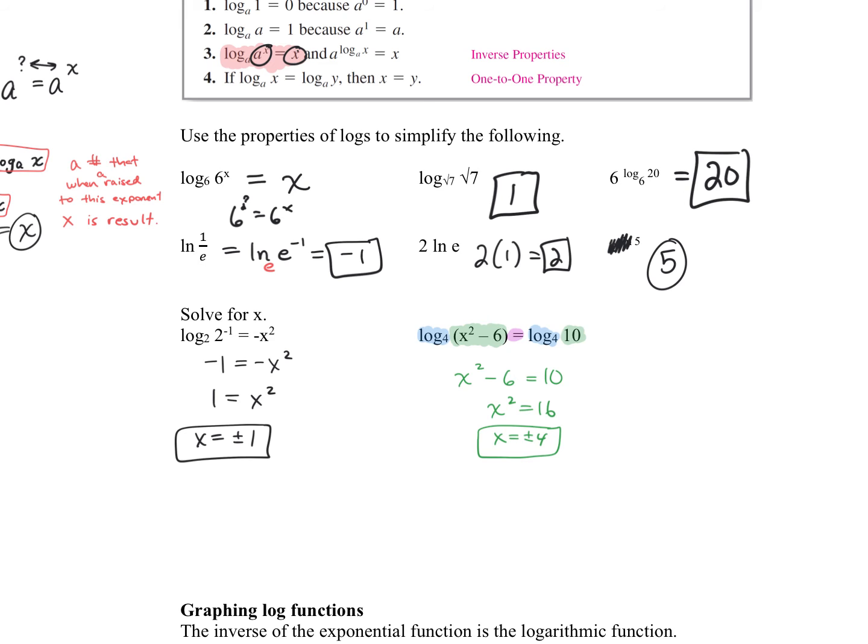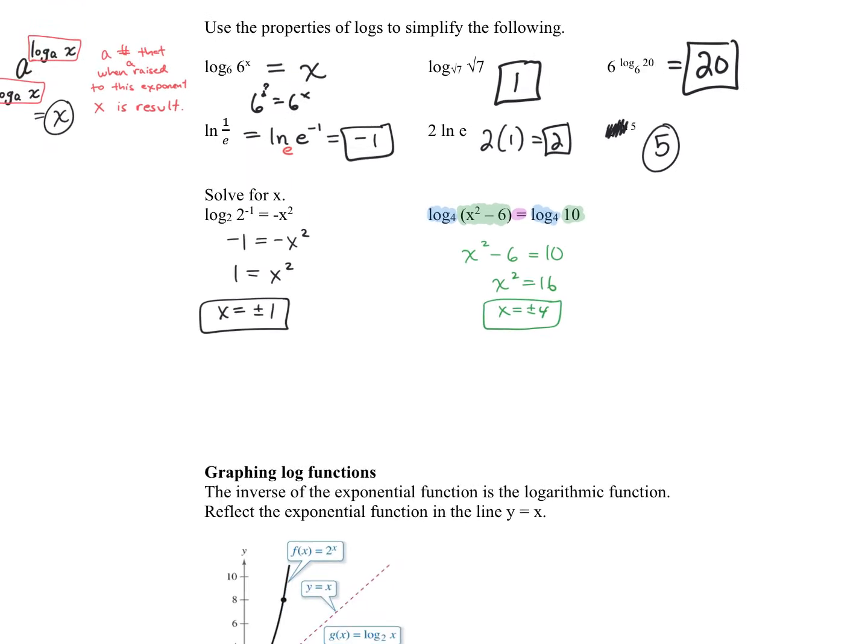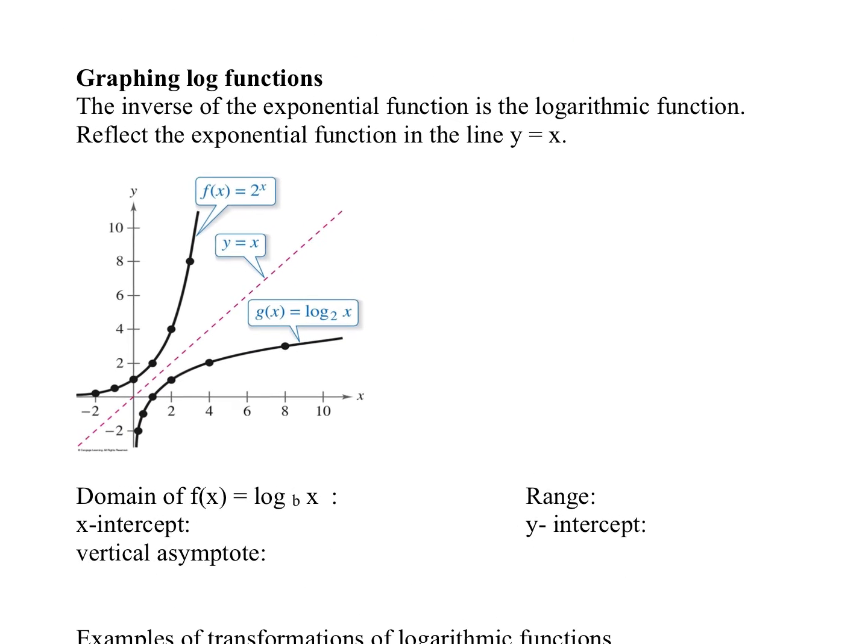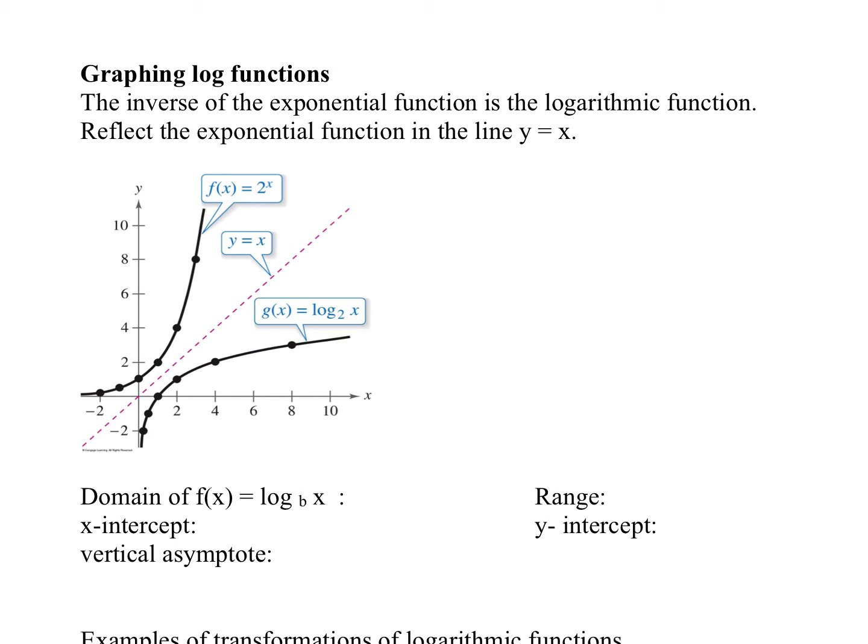We can also graph these logarithms. We can move on to our next part of our notes here. In my opinion, the easiest way of graphing logarithm functions is to graph an exponential and just flip x and y. If I use my original function as 2 to the x, let's zoom in a little bit and identify these points.